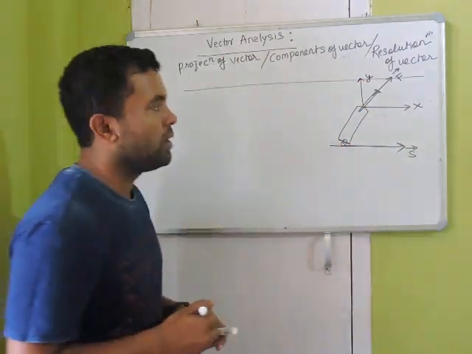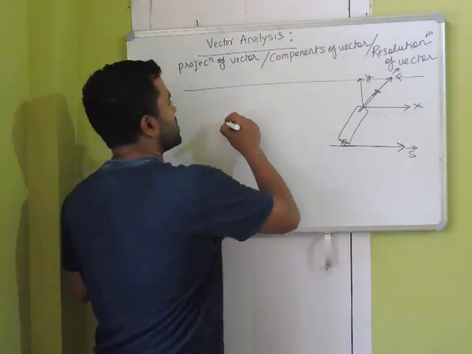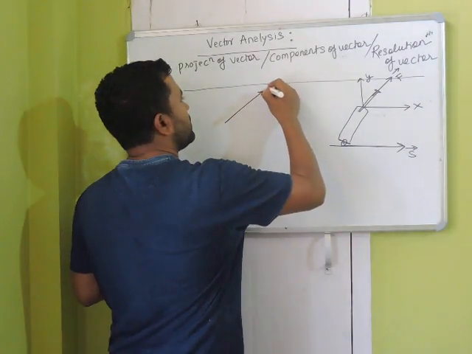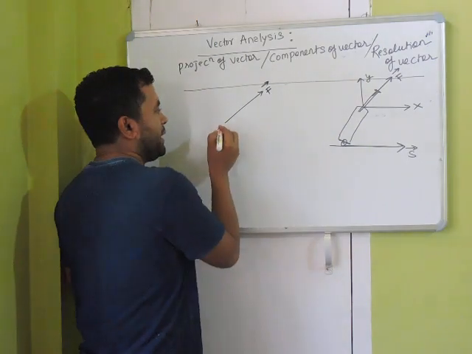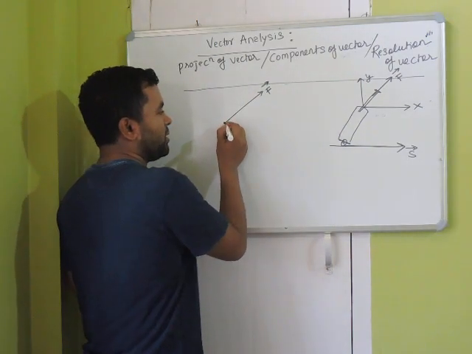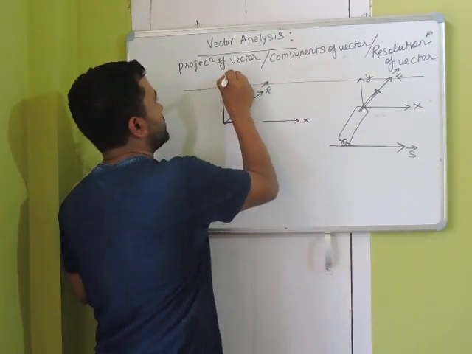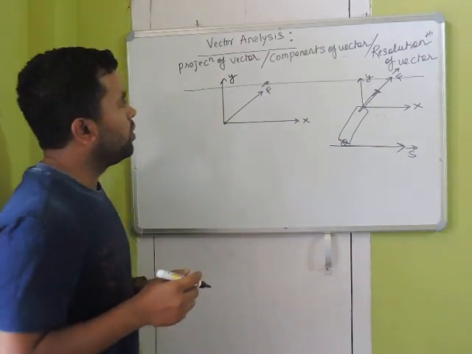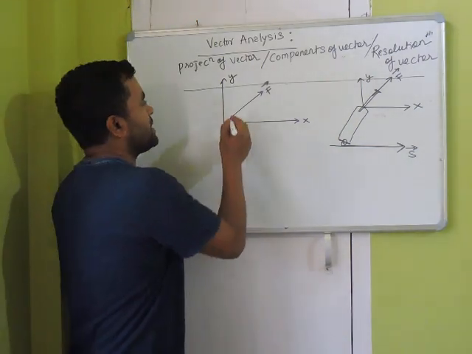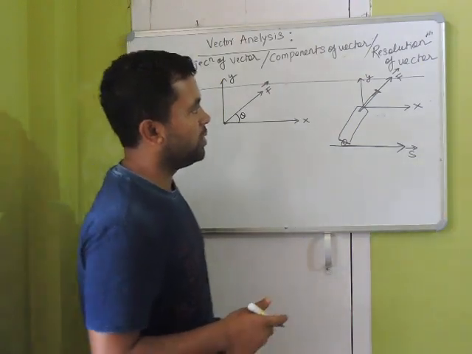We'll talk about it. Now the same idea. So this is the force you are applying. Now at the tail of the vector, this is my force vector, you draw the x-axis and y-axis. Let us say this angle is theta with the horizontal.